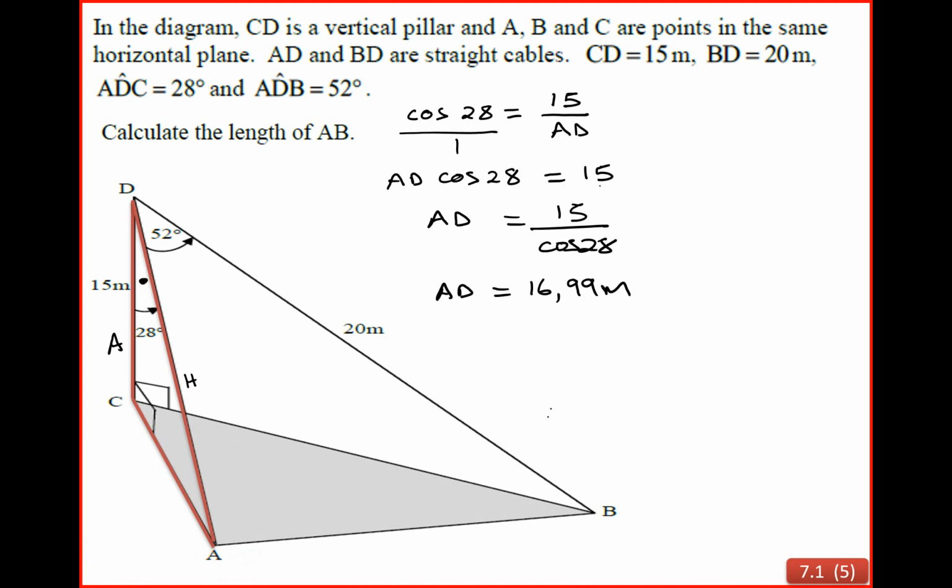I'm going to show you another way, and this time we're going to use the sine rule. So looking at the triangle, we have 28 degrees, 90, and the angles of a triangle give you 180. So we're going to take 90 minus 28, which will give us 62 degrees.